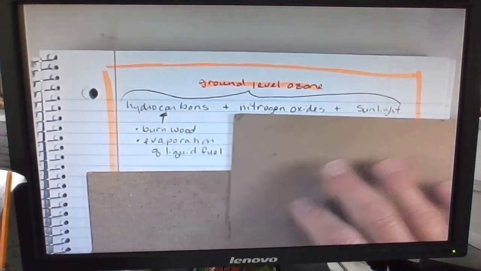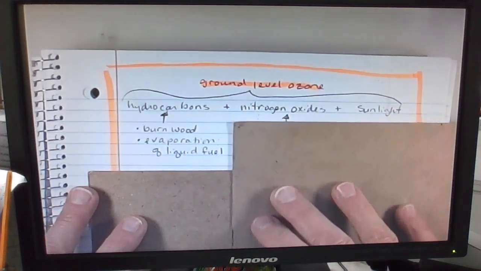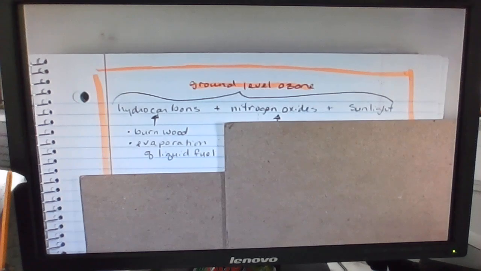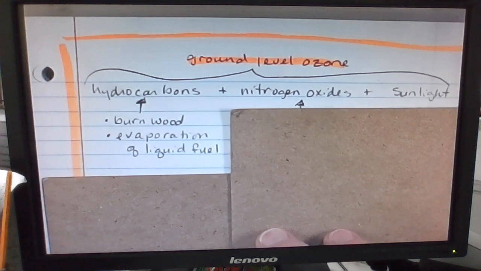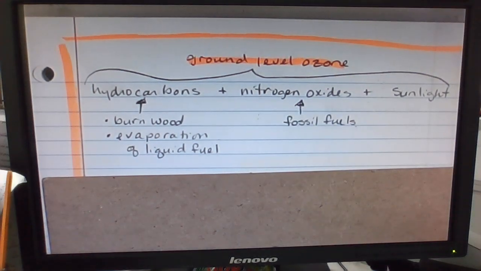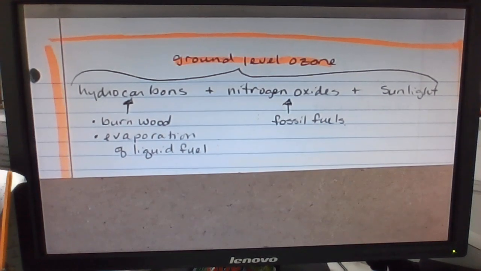The hydrocarbons, we can get from burning wood, from evaporation of gasoline, of our liquid fuels. We get the nitrogen oxides from burning fossil fuels. And we get the sunlight from the sunlight.